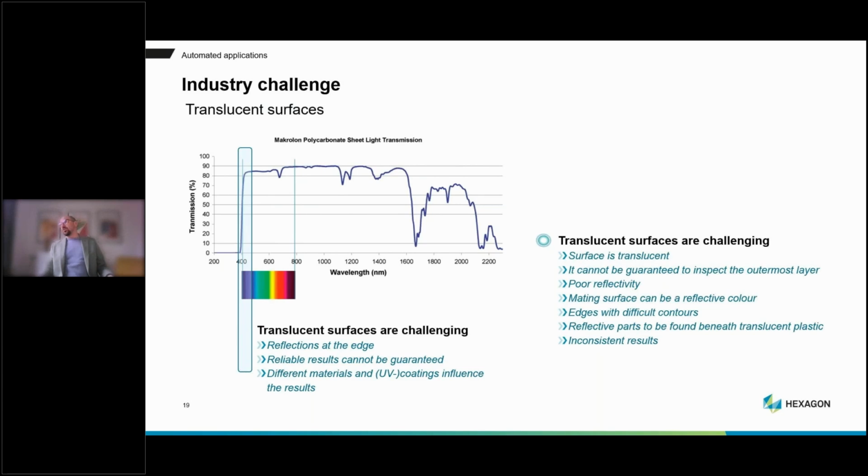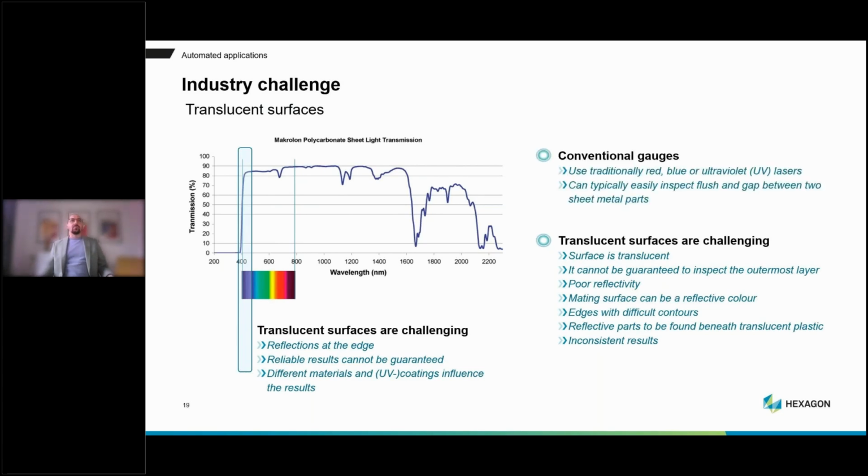What's the solution to that now? Conventional gauges: we always used to have red lasers. Now most of them are blue or ultraviolet lasers. Why are they blue or ultraviolet? That's something we can see in our picture here. The shorter the wavelength of a laser is, the less penetration you will have on transparent surfaces.